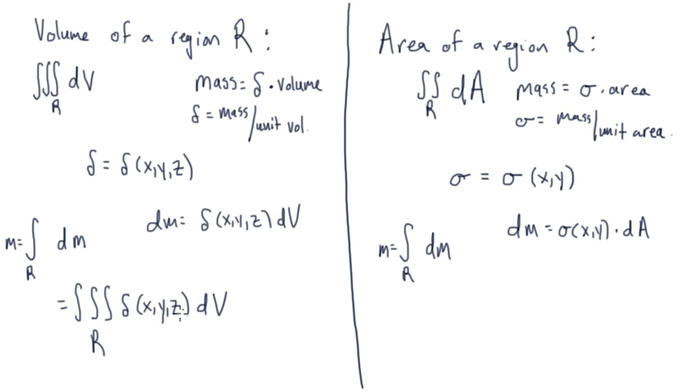I can do spherical, cylindrical, regular Cartesian, whatever I want, but I'm integrating over the region this density function. And I'm going to do the same thing here for the area region. The mass is just going to be the double integral of the mass per unit area over the area elements, like that. So that's how you find the mass of a region, whether it's a volume region or an area region.